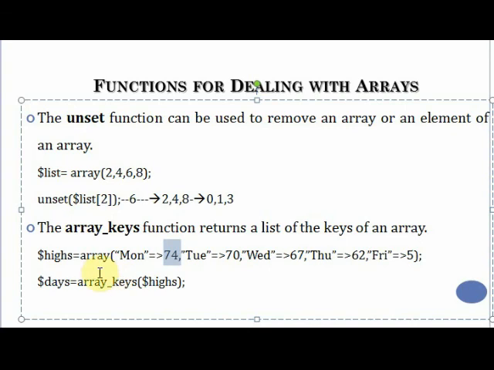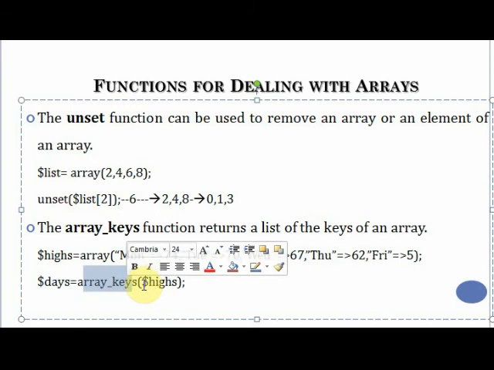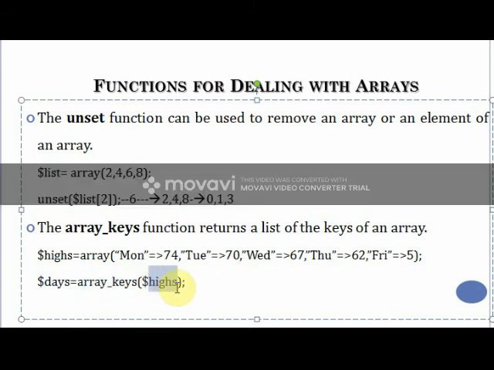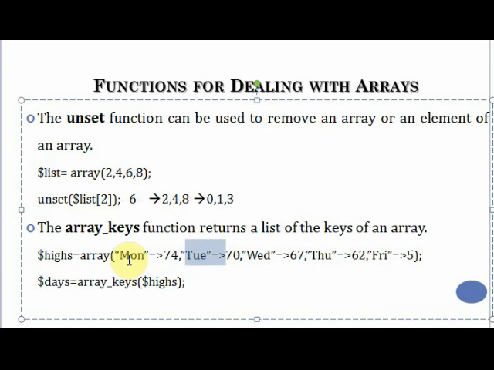Here, what does array keys do? It takes one parameter, which is nothing but the array. From this particular array it is going to return only the keys, that is MON, TUE, WED, Thursday, Friday. These are the values returned by array keys.